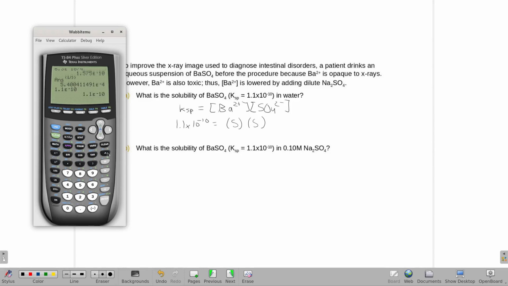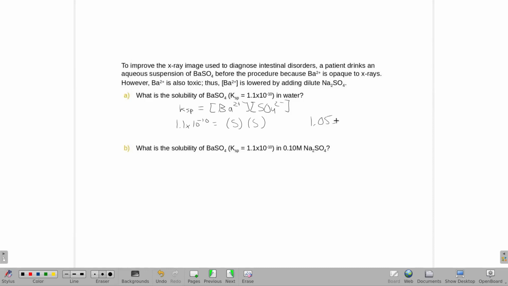We're just going to do the square root to get our answer. And I get a molar solubility of 1.05 times 10 to the -5th molar. Now even though that's a low number, it's actually borderline too high for humans. Barium actually can cause some bad effects, so we don't want the barium that high at all.